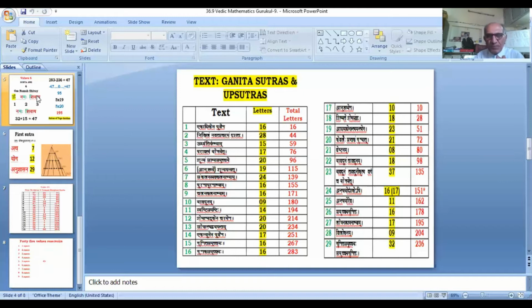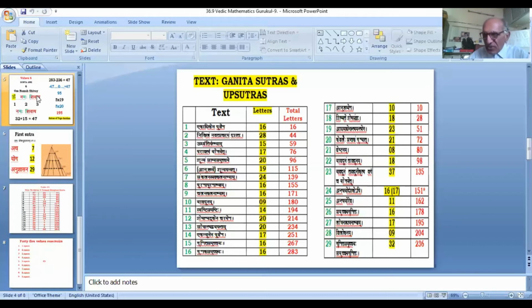Beautifully, this pair of numbers 283 and 236 become basic foundational values. This pair of artifices 283 and 236 have a big foundation upon which big superstructure of the mathematical domain of Ganita Sutras and Upsutras stands structured.